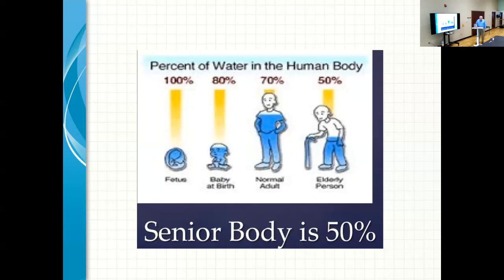And that becomes problematic if you're not addressing the fluid needs of your body. But the bent over person, it's not because of 50% of water, it's because of bone loss. Mostly, but a lot of the organs in the body depend on moisture to be able to function properly.